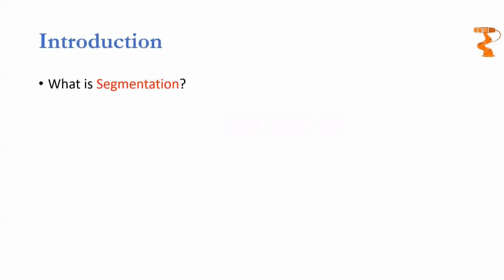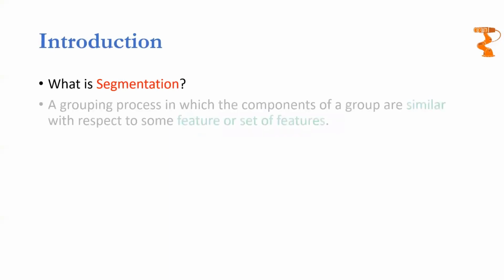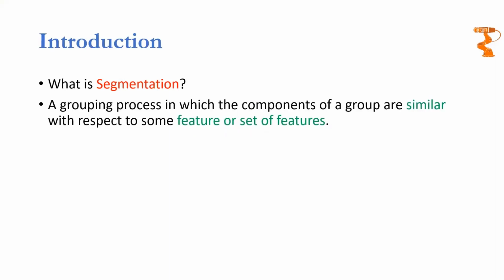So what is segmentation? Segmentation is a grouping process in which the components of a group are similar with respect to some feature or set of features. For example, in your class, I am segmenting out the students, and the feature which I am going to use is the gender.